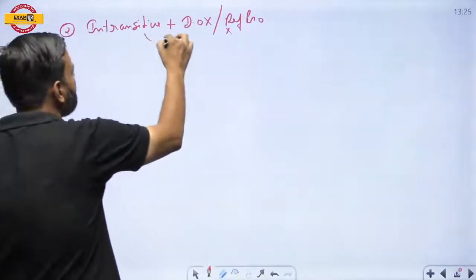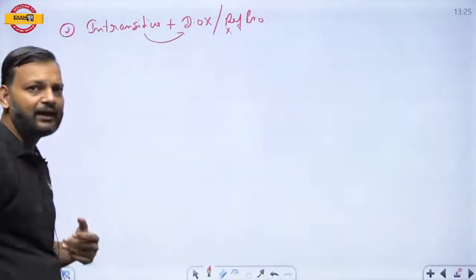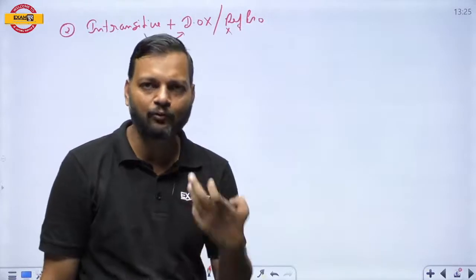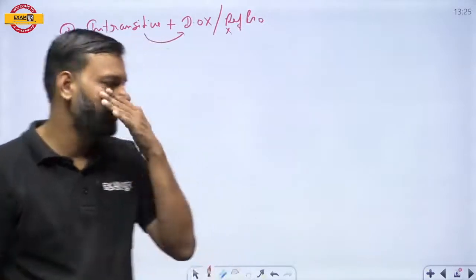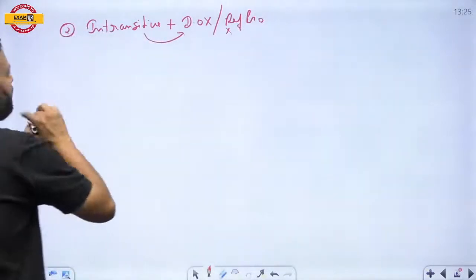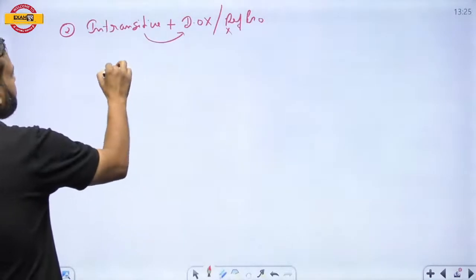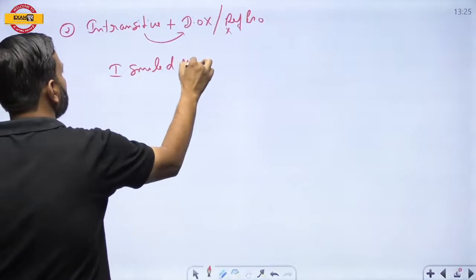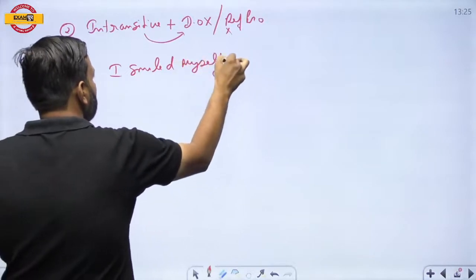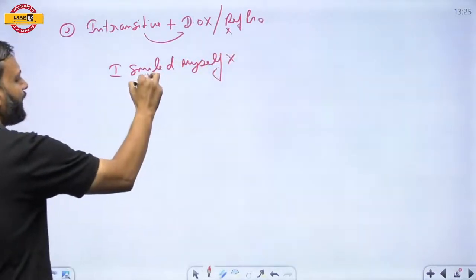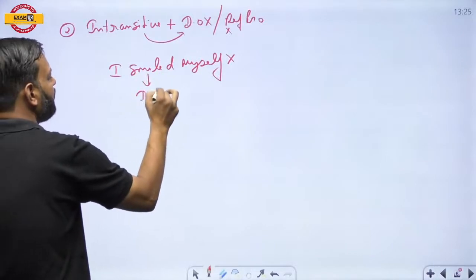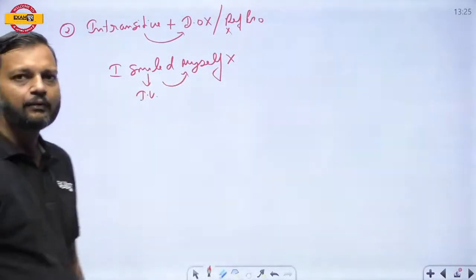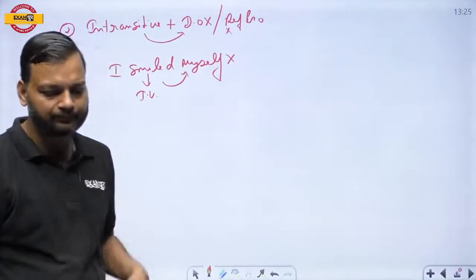But if an intransitive verb is not followed by a direct object, how can a reflexive pronoun be used after it? No sense of it. So if I write, I smiled myself, this sentence is wrong, because smiled is an intransitive verb, and an intransitive verb is never followed by a reflexive pronoun.